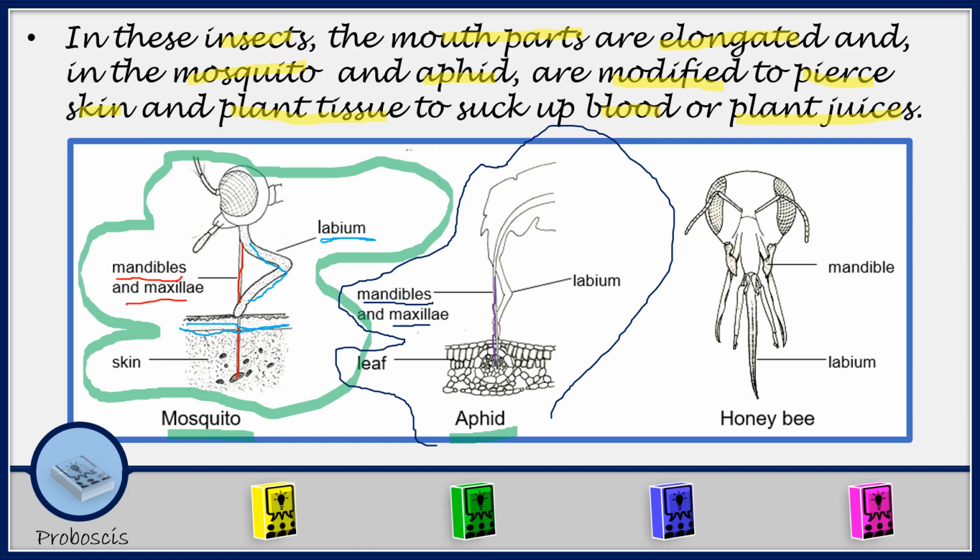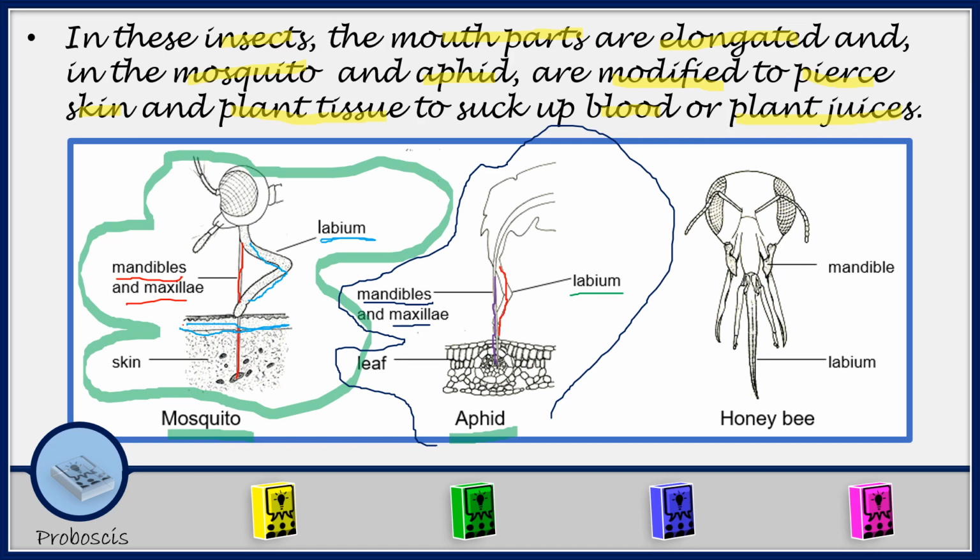Then behind, we still have something covering, that is the labium. It is the one that is used to cover the mandible and the maxilla. This part here is our labium.